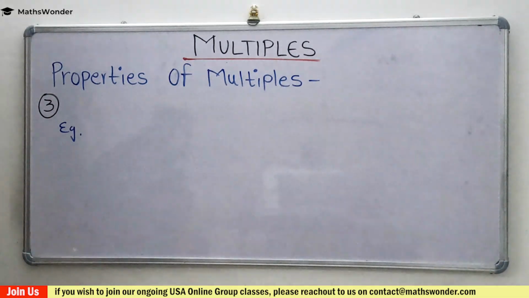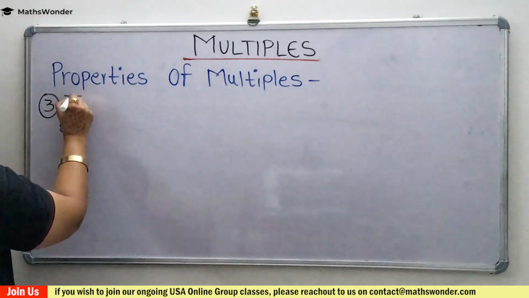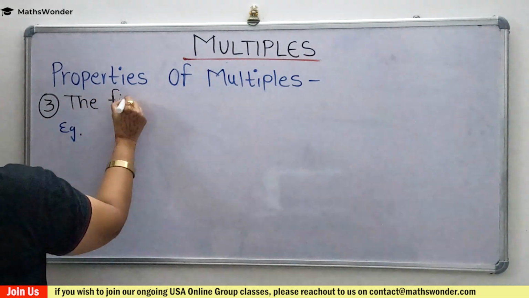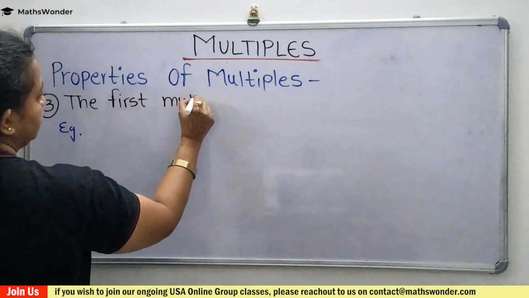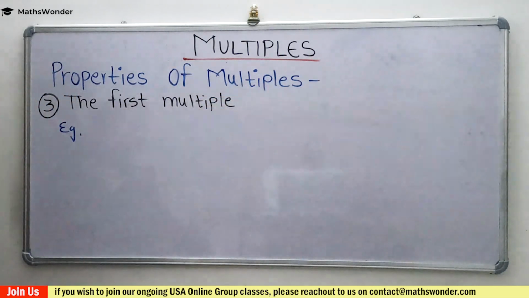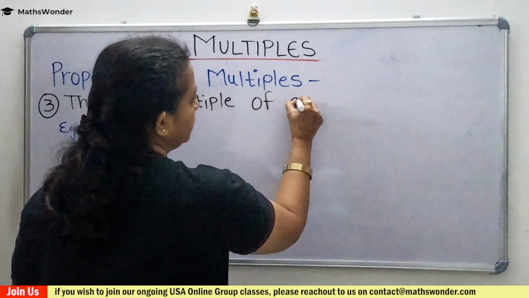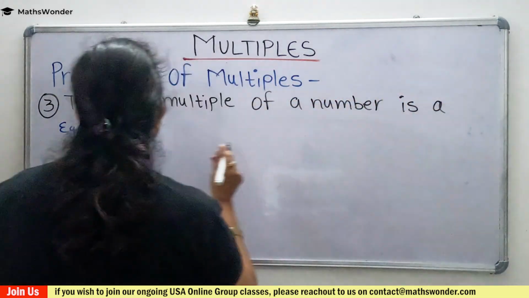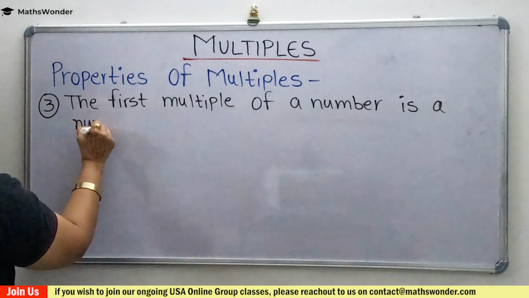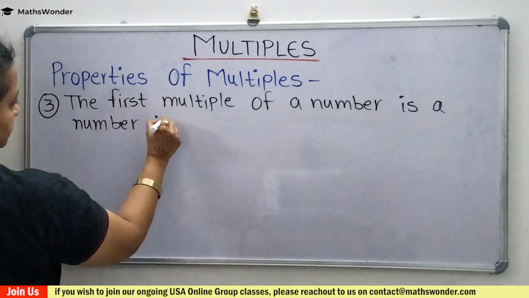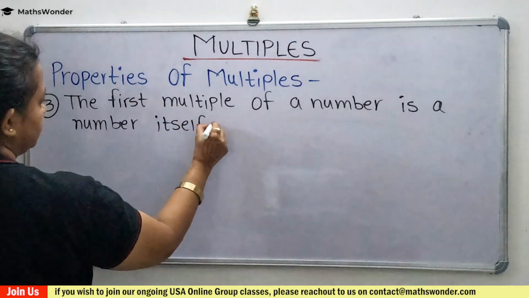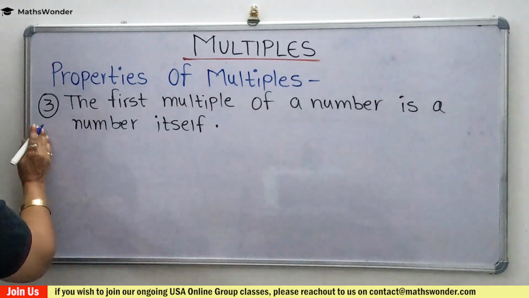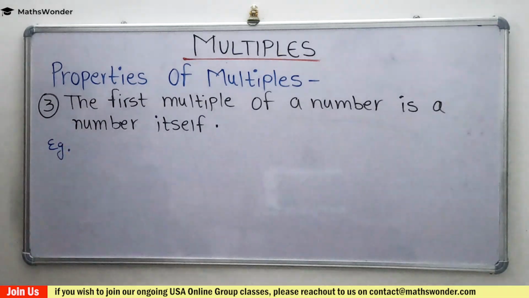The next is the first multiple of a number is the number itself. For example, any example we can take, the first multiple of 9.